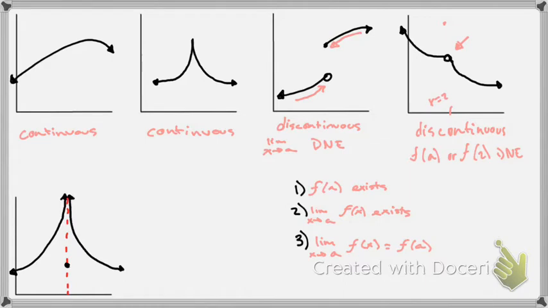Now, does the limit at any point on this graph not exist? Well, it doesn't look like it to me, because the only part that looks kind of weird would be this part, but as we approach from the left and as we approach from the right, they're both approaching the same number, which is infinity. So that criteria is okay.